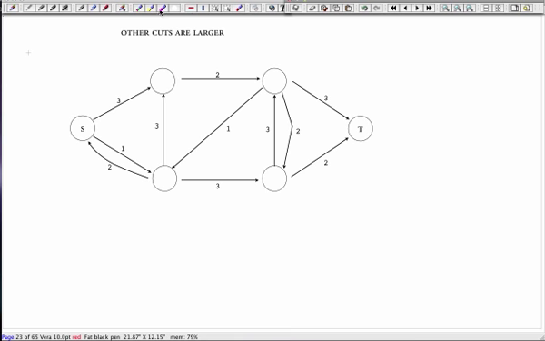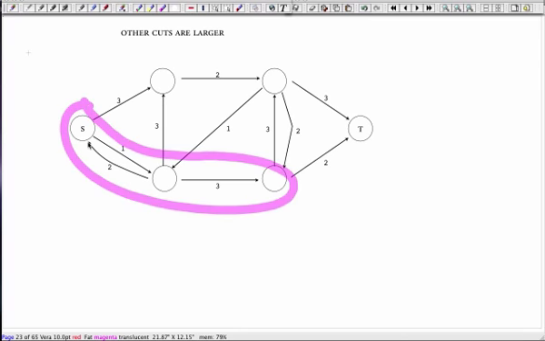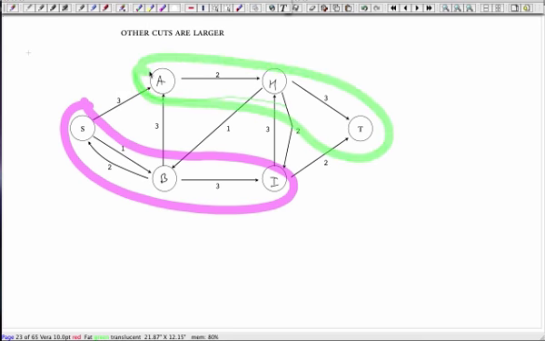For example, if we were to take this cut, what's the value of that cut? Does everybody see this? You could actually push 11 in this situation. Question: so it's the maximum capacity ignoring the rest? Yeah, it's only how much flow you can push out of S.